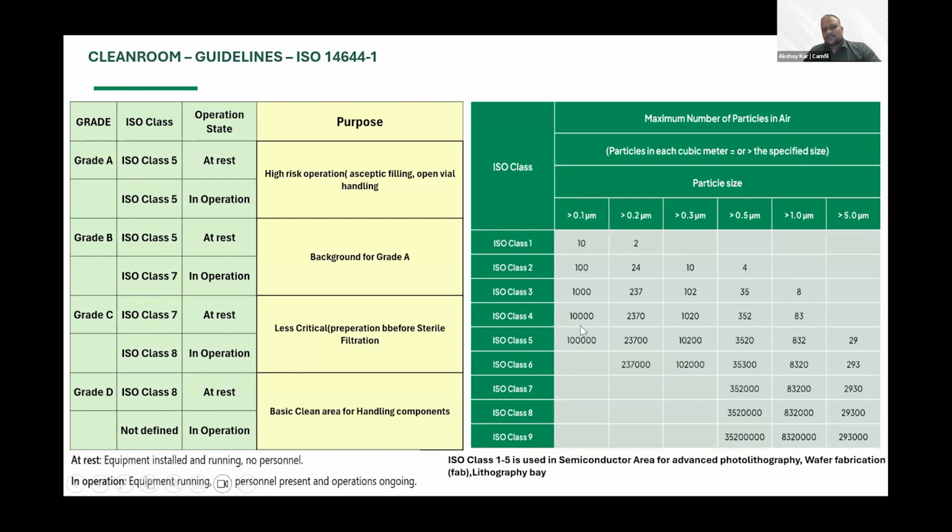These are critical areas used mostly in semiconductors, where they perform advanced photolithography, wafer fabrication, fab, and lithography. For these applications, the semiconductor industries generally use ISO class 1 to class 5. And from ISO class 5 to class 8, pharmaceutical industries use these kinds of grade areas. So this is related to the clean room guideline for ISO 14644.